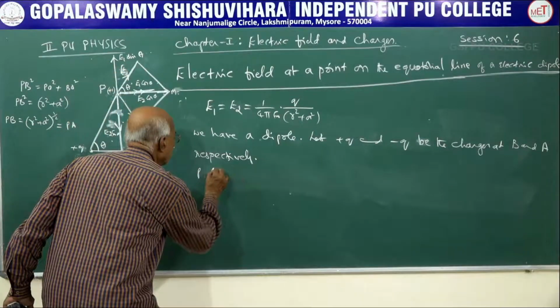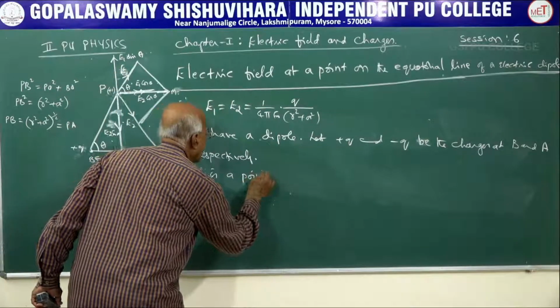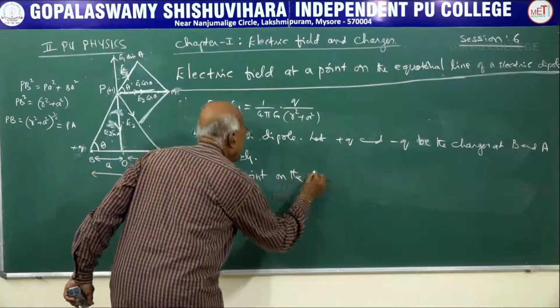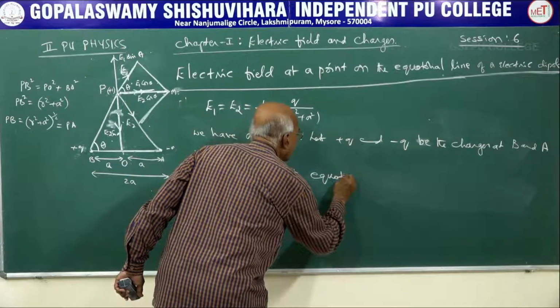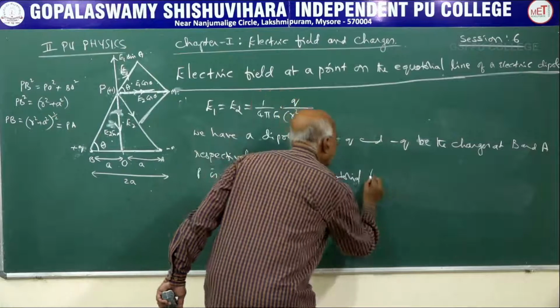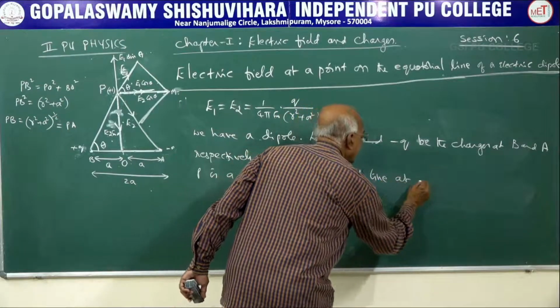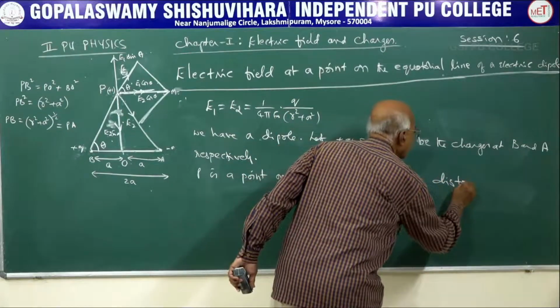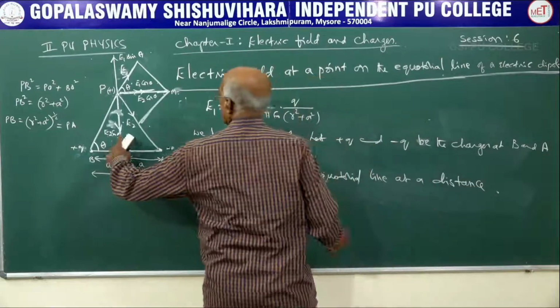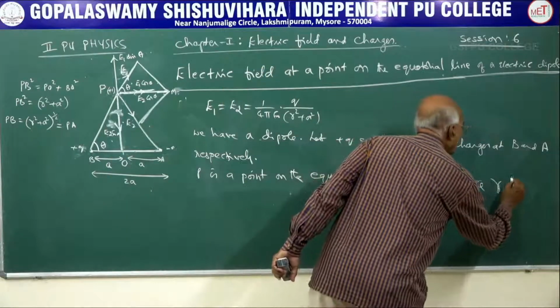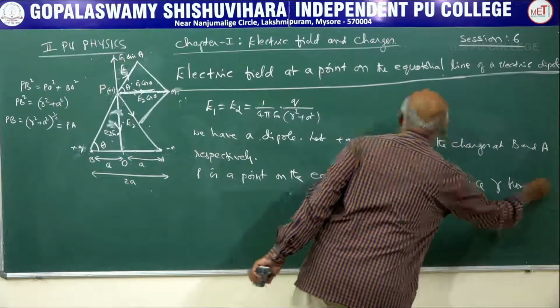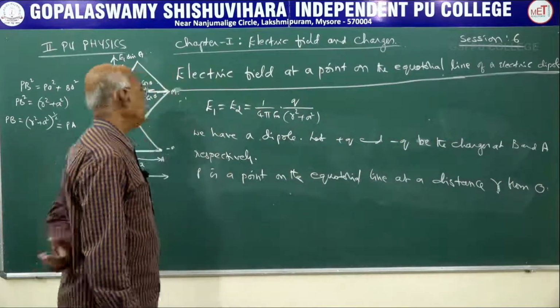P is a point on the equatorial line at a distance R from O. So this is the explanation we have got.